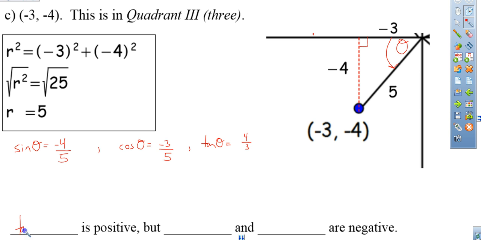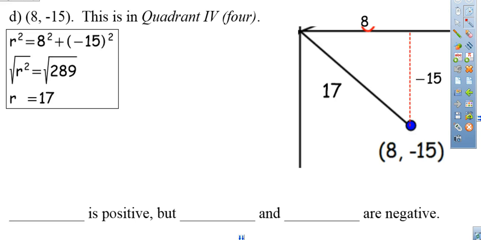So what you can see in this quadrant is that tangent is positive, but sine and cosine are negative. Now, just to speed things up, I'm not going to show the reciprocal ratios, but if you flip them, the reciprocal of sine would stay negative, reciprocal of cosine would stay negative, reciprocal of tangent would stay positive.